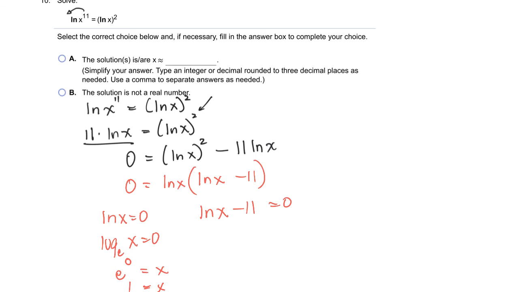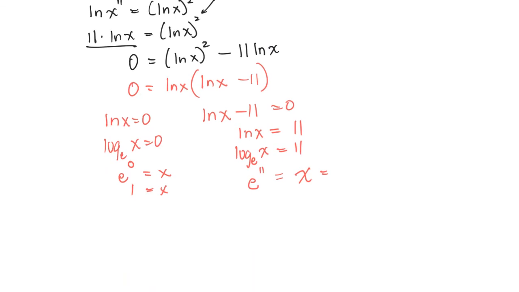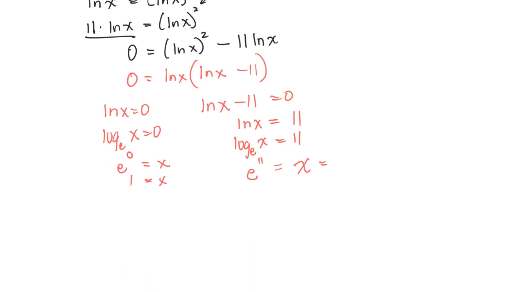Then on the other side, I have ln x minus 11 equals 0. So I'll add 11 to both sides, make it ln x is equal to 11. Ln is the same thing as log base e. So now I'll go e to the 11th is equal to x. Now I'll figure that out on my calculator. Okay, doing that in decimals came to x was equal to 59874.14.